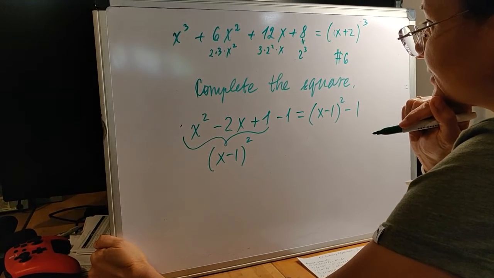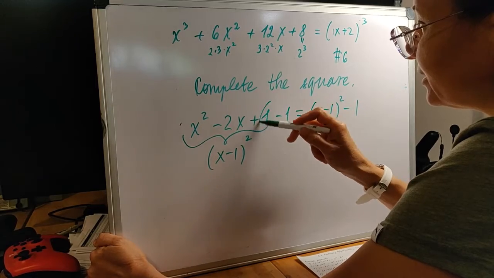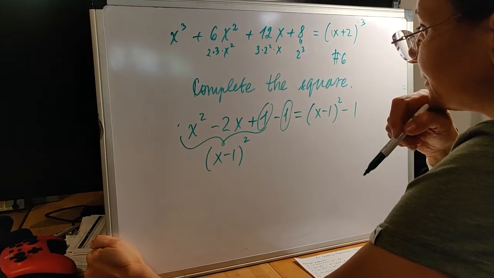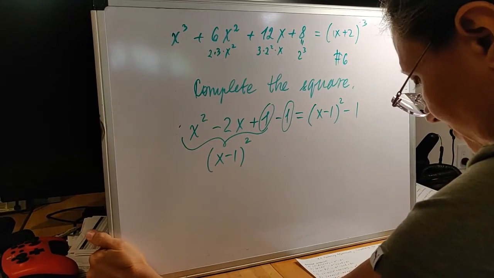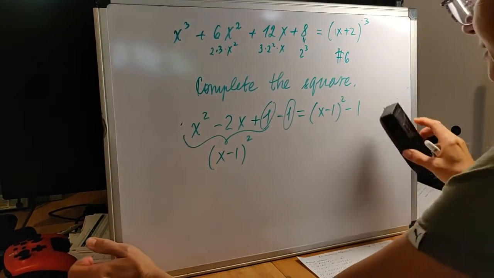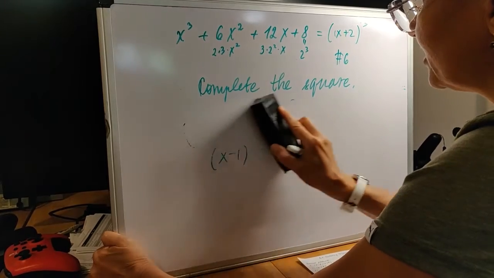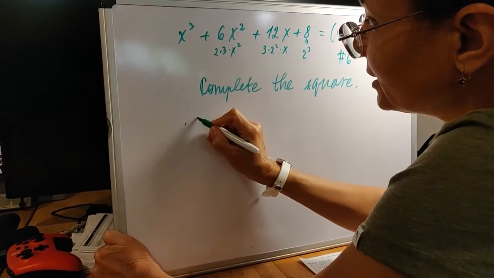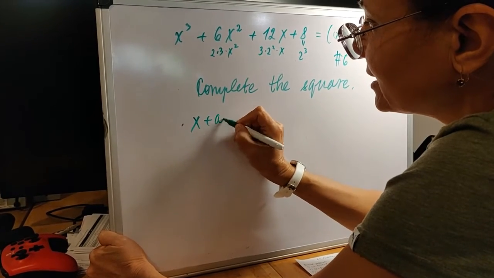Well, usually the question is how to figure out what to add here and subtract here, or what we need to add to complete the square. Well, let's compare it with the general formula and make a general rule, and use it once on some example. So the general formula, I'm going to use x plus a.